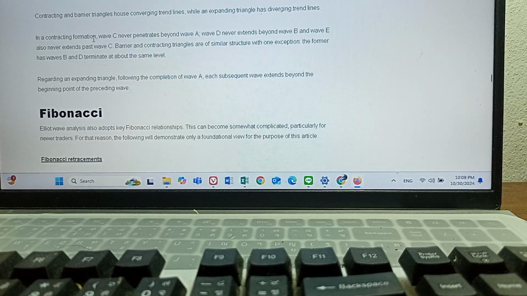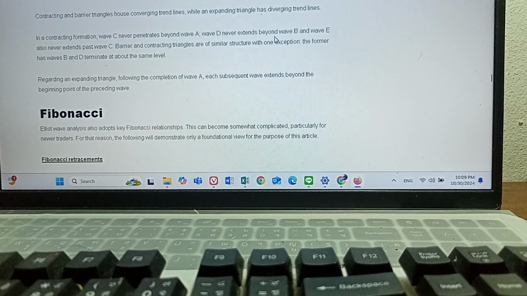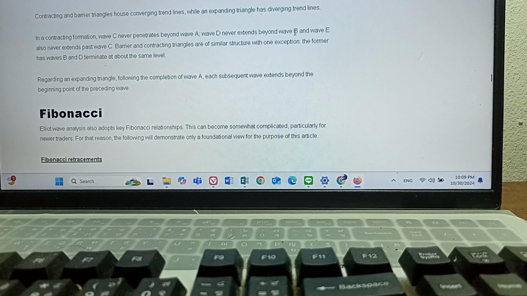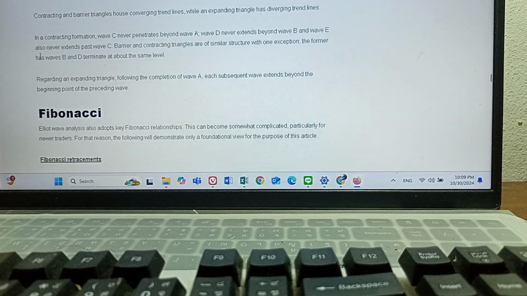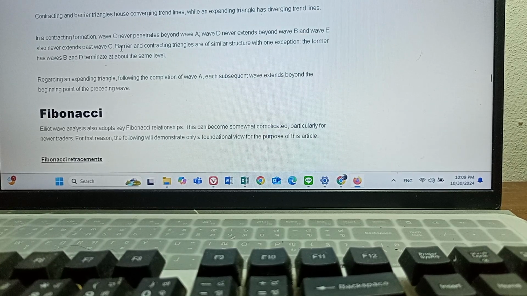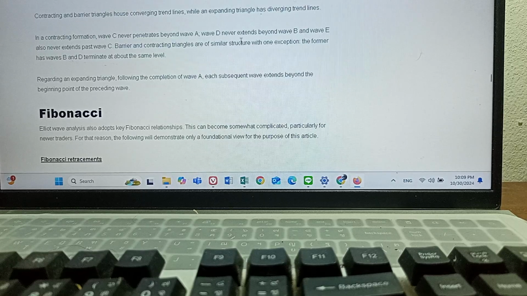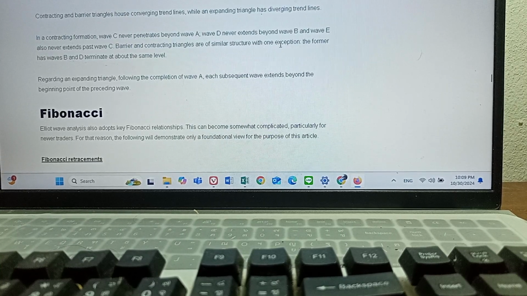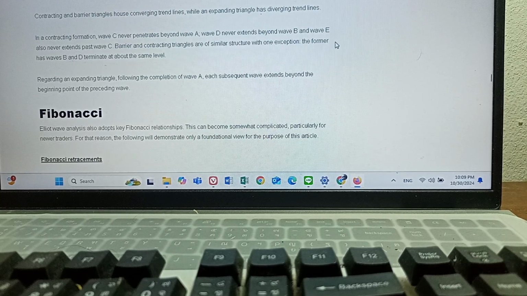In the contracting formation, wave C never penetrates beyond wave A. Wave D never extends beyond wave B, and wave E also never extends past wave C. Barrier and contracting triangles are of similar structure, with one exception.